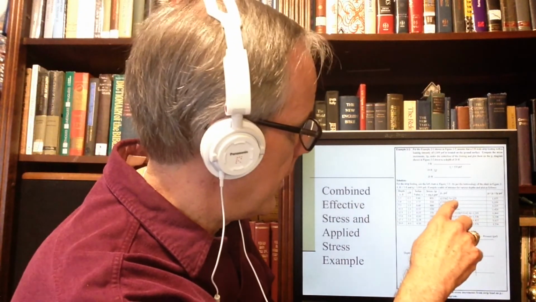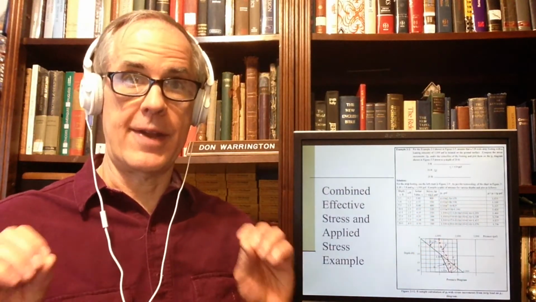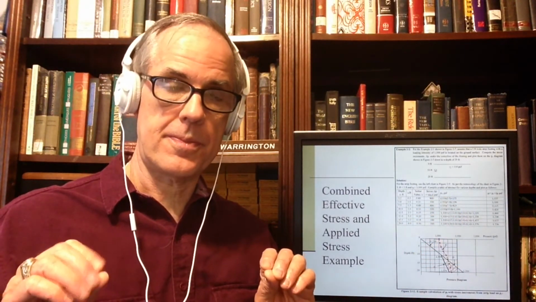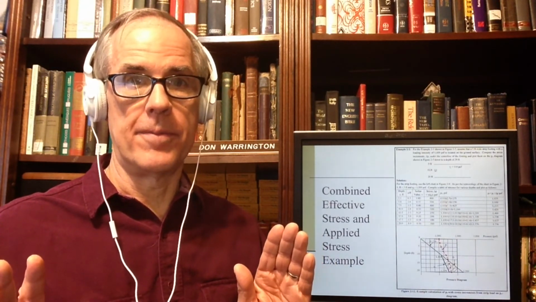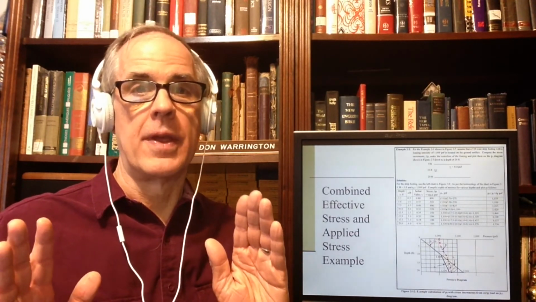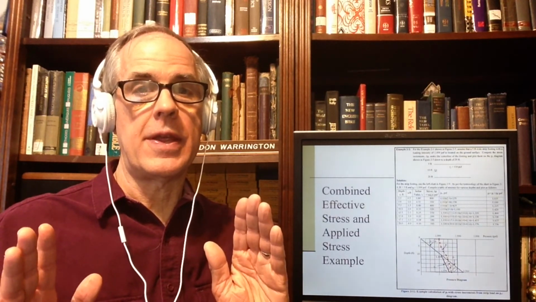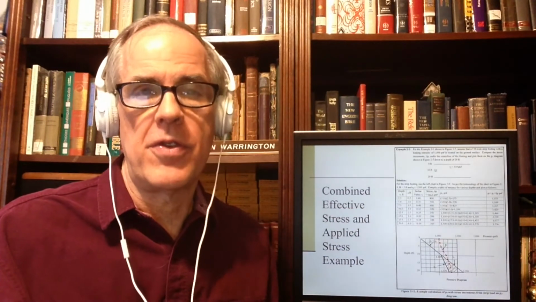So the original effective stresses are right here, and they are computed in exactly the same way as you computed the effective stresses earlier. The only difference is they did it for more points. Instead of doing just a few, they did it for a lot of them.